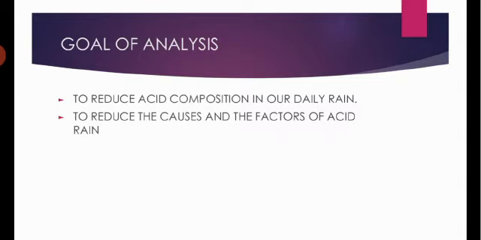Next, we go to our next aim, which is to reduce the causes and factors of acid rain. There are so many various kinds of factors that lead to acid rain.